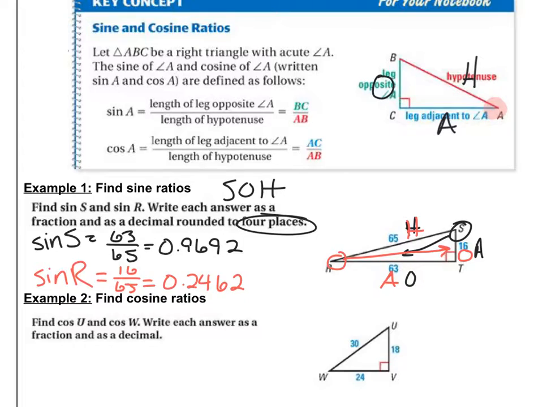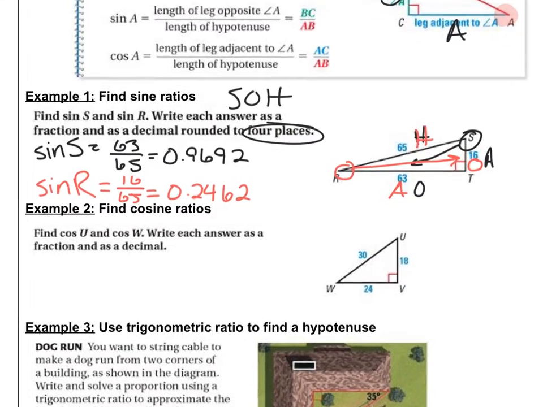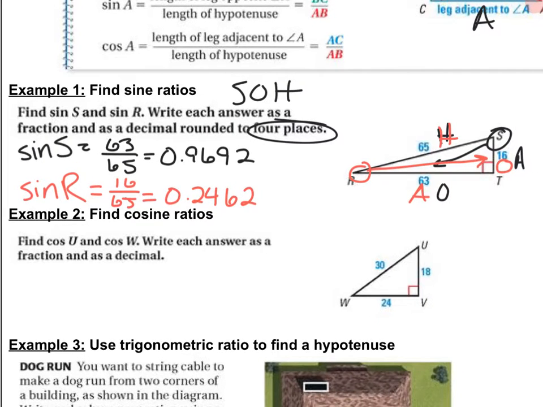At that same token, we're going to look at cosine ratios as well. When we're dealing with cosine, it may help to write this out every time. Sine was SOH, cosine is CAH, so adjacent over hypotenuse.